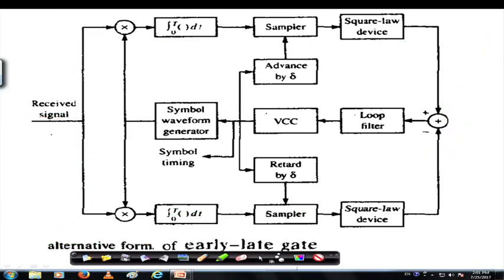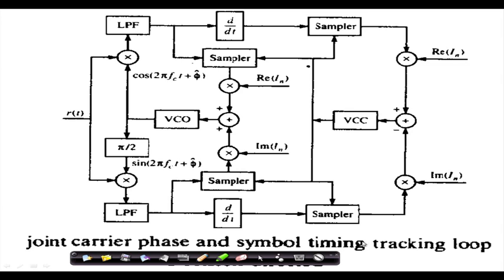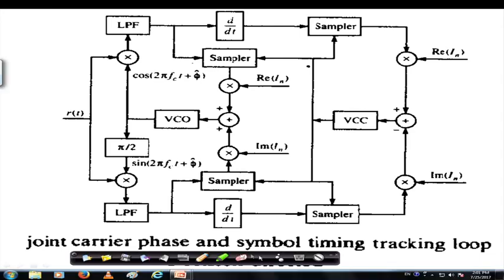It could be recovered in another way, and this particular picture we leave it for you to go through at a comfortable time, where the carrier and symbol tracking are jointly clubbed together. So, we will not go into the discussion of this here, but briefly you can see that there are some components.